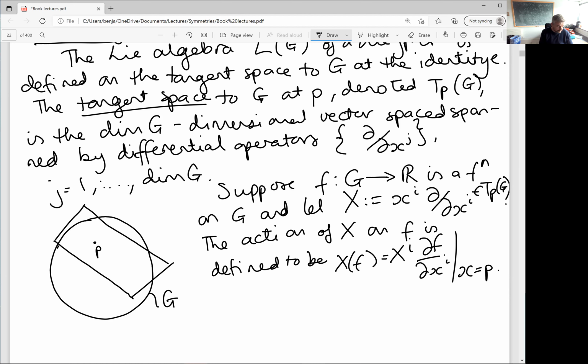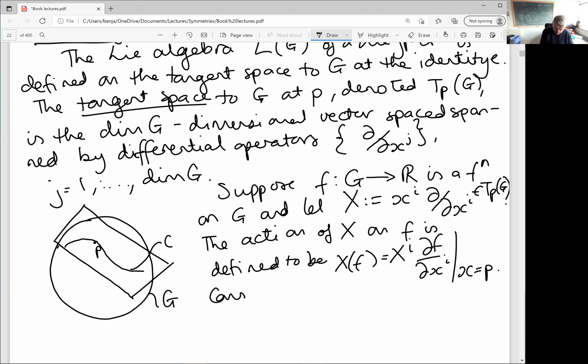Now let's consider some smooth curve on G passing through this point P. I'm going to call this curve C, and it passes through the point P. We're going to parameterize this curve by some parameter t.